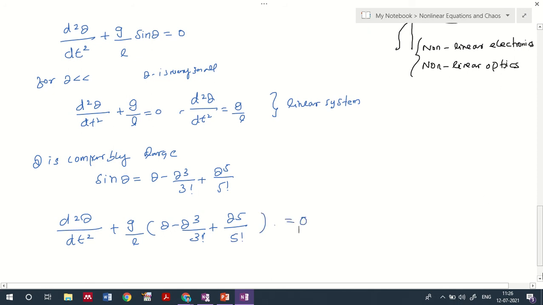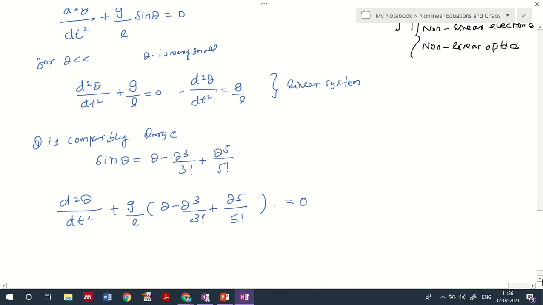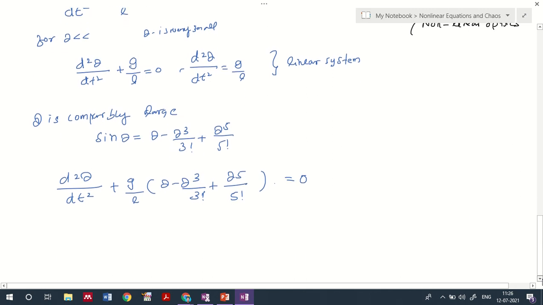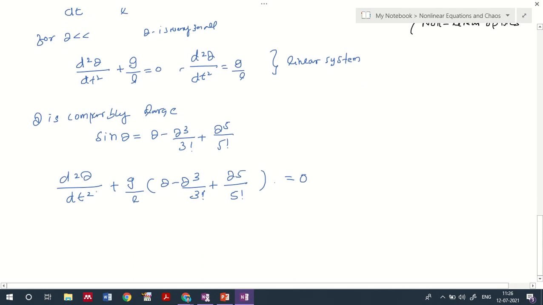Now you can see that there is a dependency on theta cube and theta raised to 5 over here. So when theta is comparably larger, the equation becomes a nonlinear system.